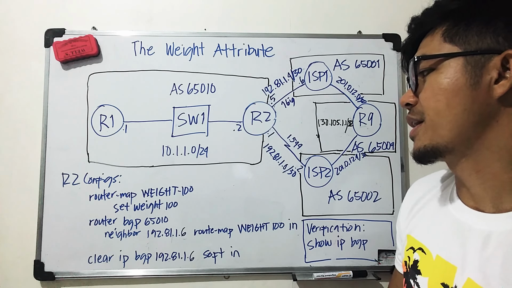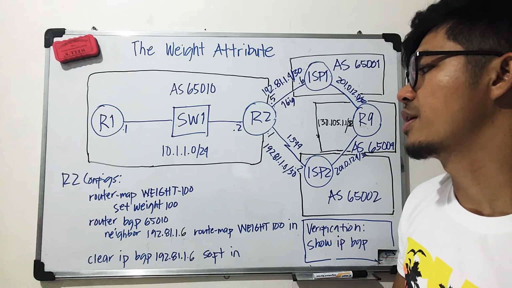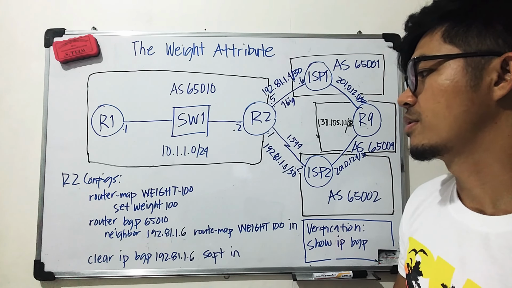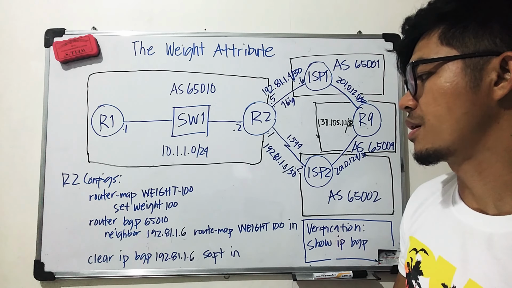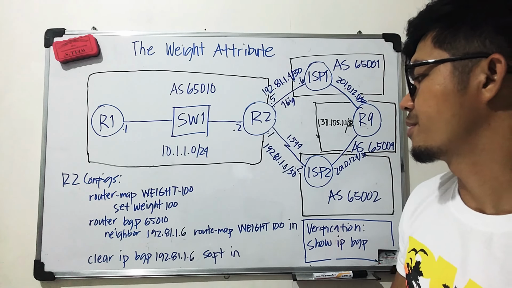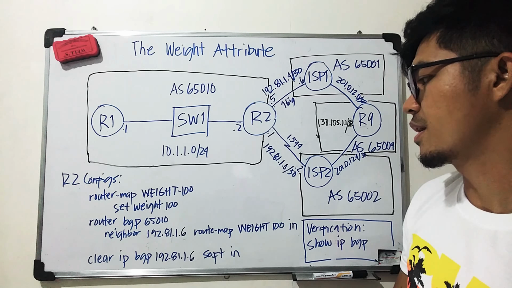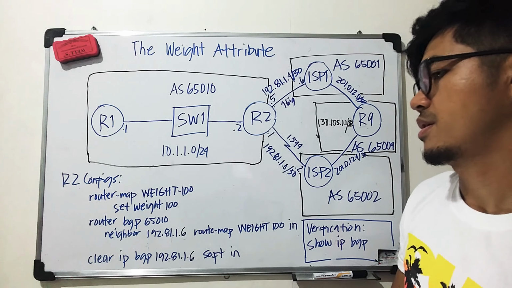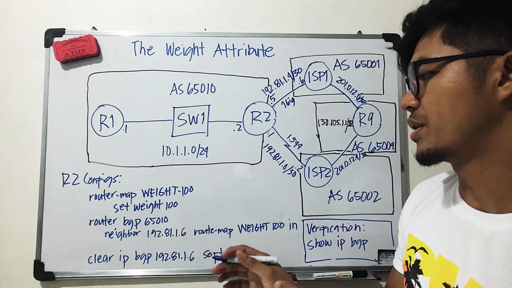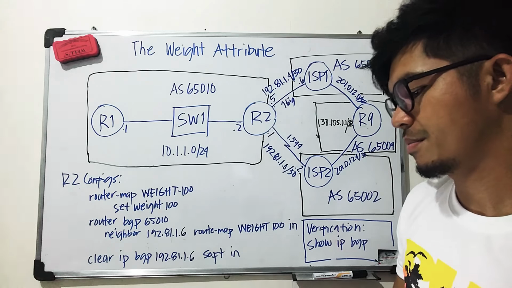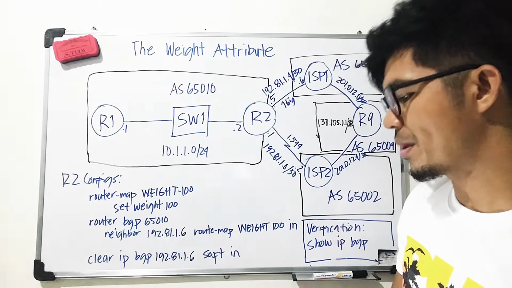We just have to create a route map and set the weight to a higher value than 0, and apply that route map to the neighbor, and it should be inbound, to influence the outbound traffic, or outbound path selection.